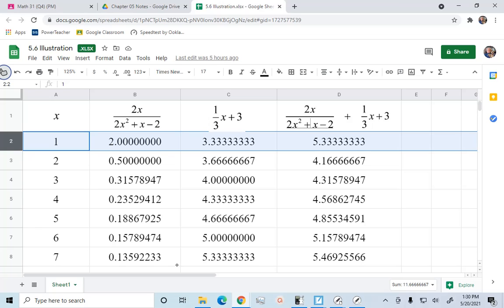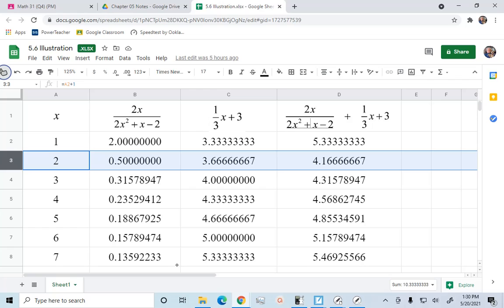Now, is column D, when x is 2, close to column C? Well, close is a relative term. It's 2 away. And the reason it's 2 away is because column B is 2. When you take a look at x equals 2, is column C closer to column D now? And the answer is yes, it's closer.